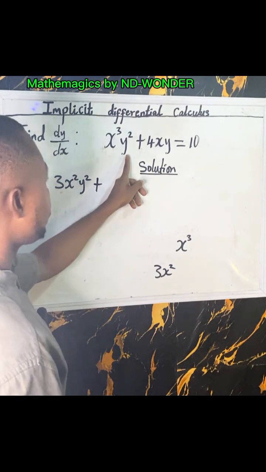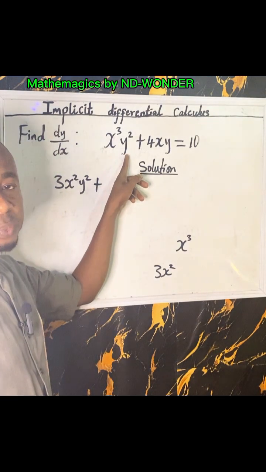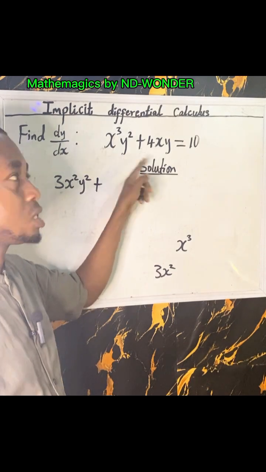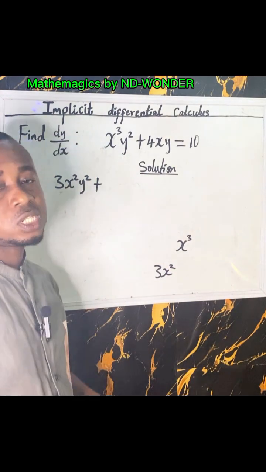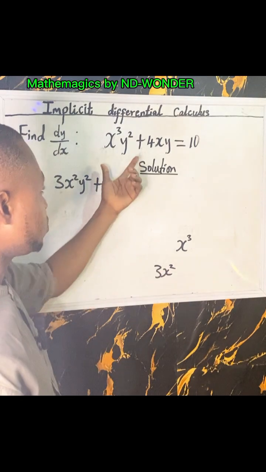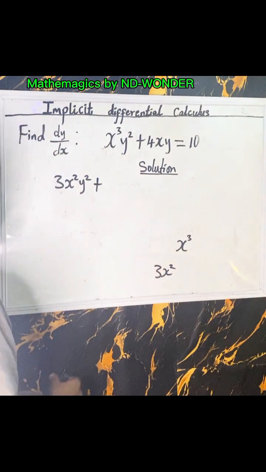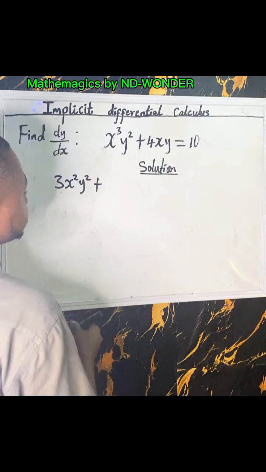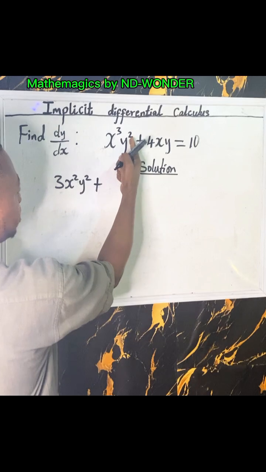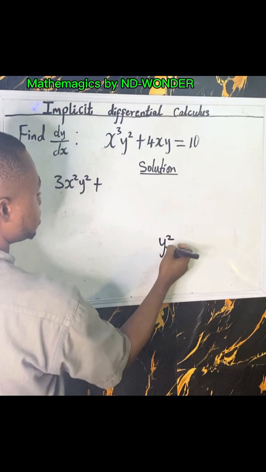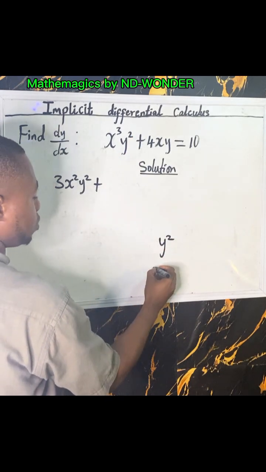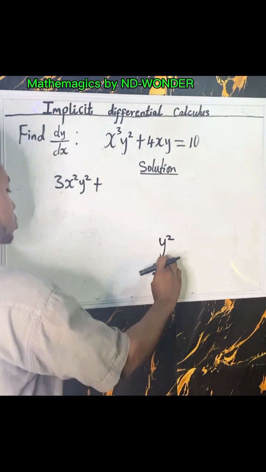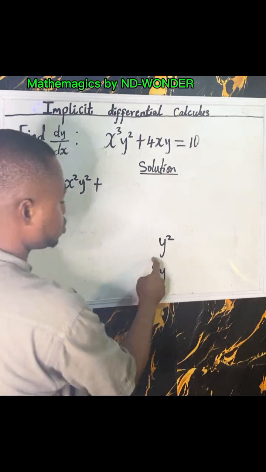Now the next is to differentiate y squared. It is still the same approach. But remember, when it is differentiated, we attach dy dx to it. That is what is needed when using the implicit method. And this is what the function requires. To differentiate y squared, remember, if you have y squared, 2 comes here, then we have 2y. Take 1 away from 2, you are having just 1. Here we have 2y.